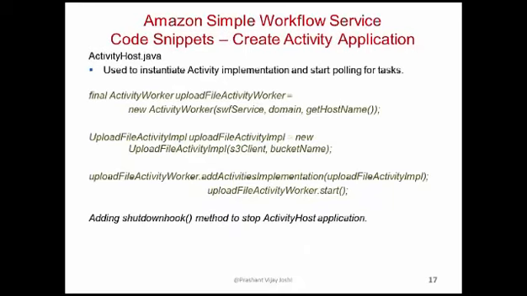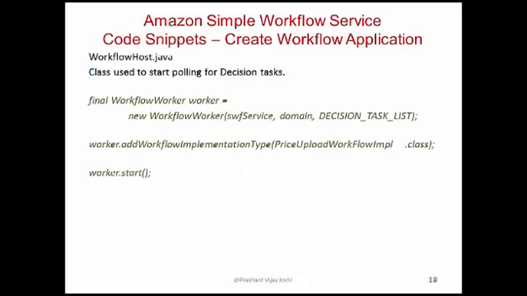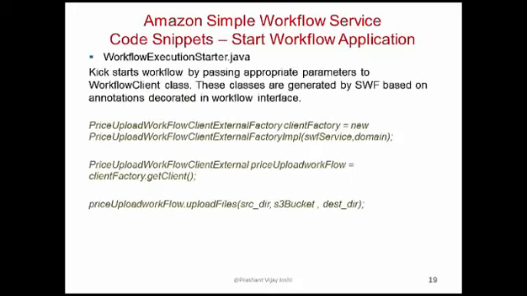This is the activity host, which creates the instance of an activity worker, and then this activity worker implements my actual activity. Then I have a workflow host, which is responsible for the workflow worker. It instantiates the workflow worker, adds the workflow implementation and starts the workflow worker.